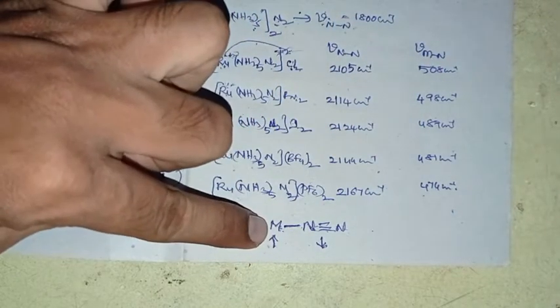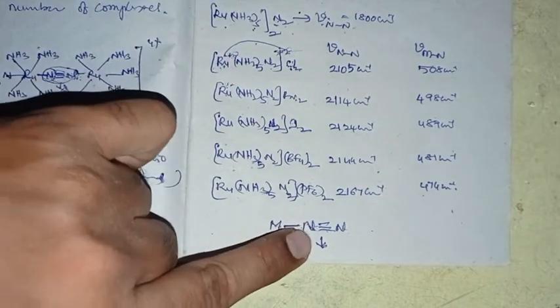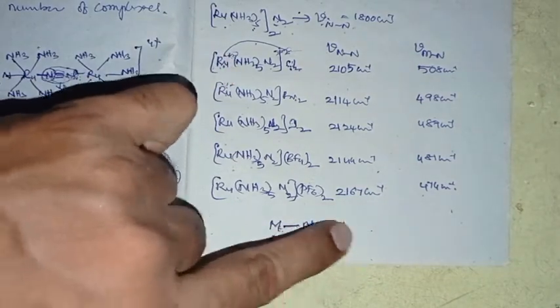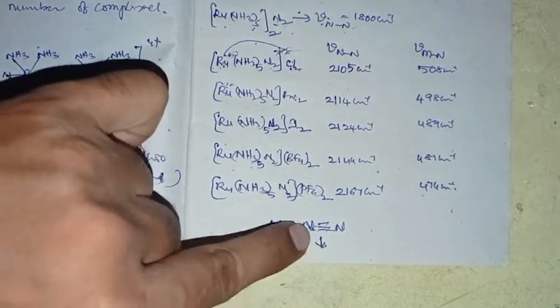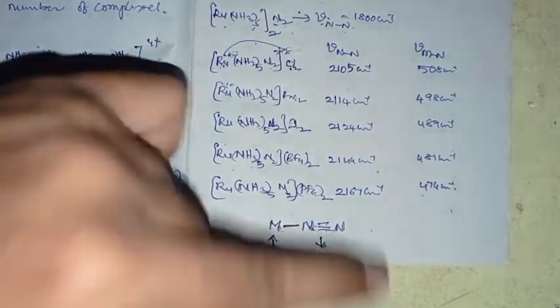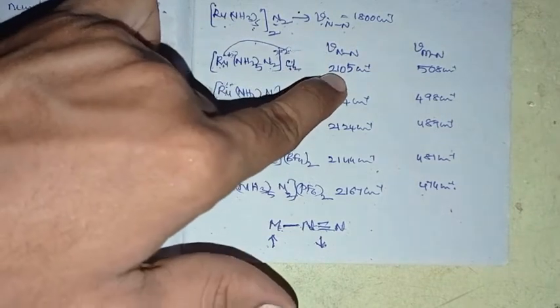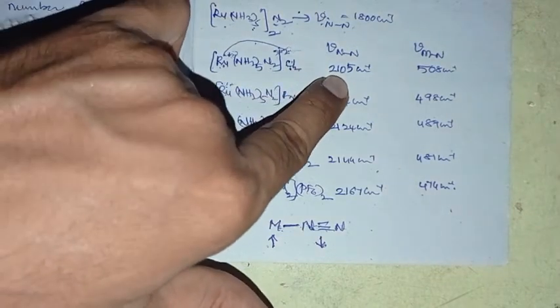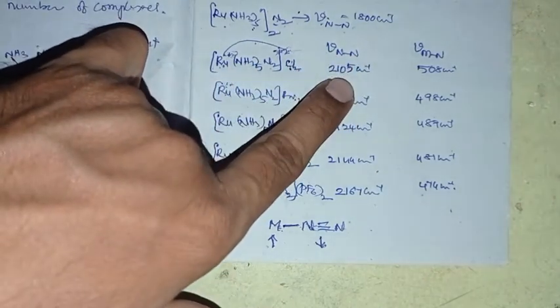When there is a stronger bond from the ruthenium to dinitrogen in the first complex, the nitrogen to nitrogen bond order decreases. When the nitrogen to nitrogen bond order decreases, the stretching frequency also decreases. So we have the least nitrogen to nitrogen stretching frequency for the first complex, right?